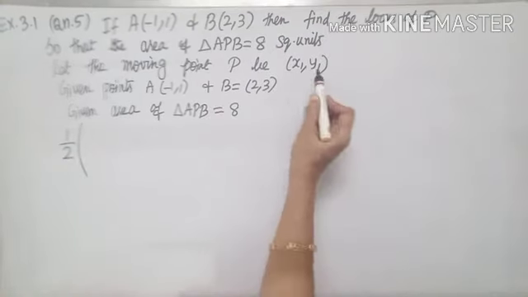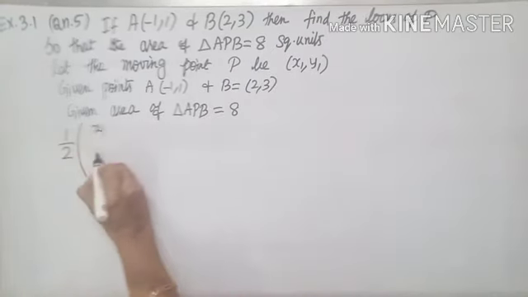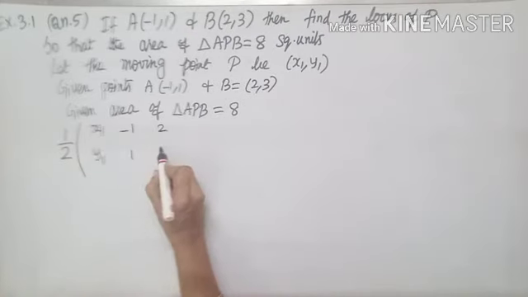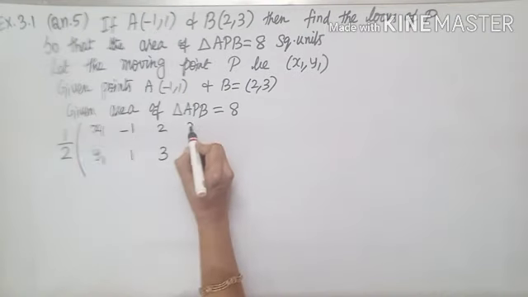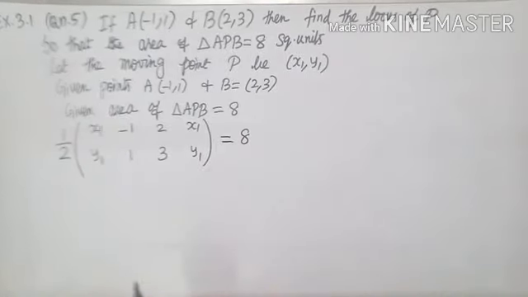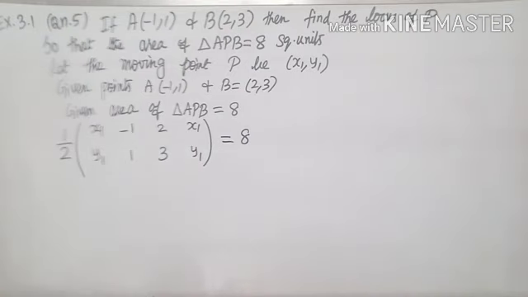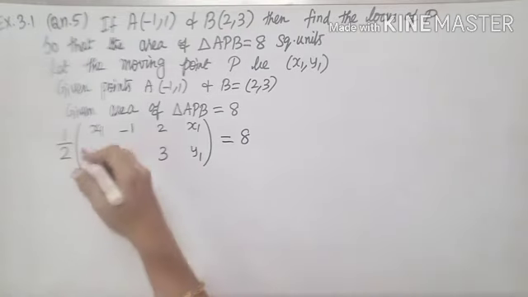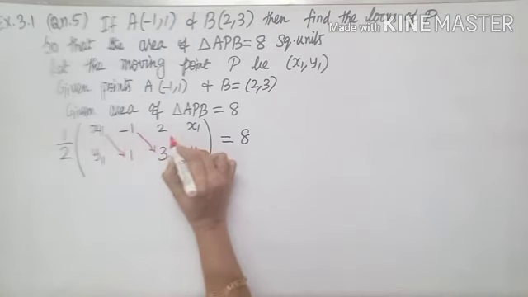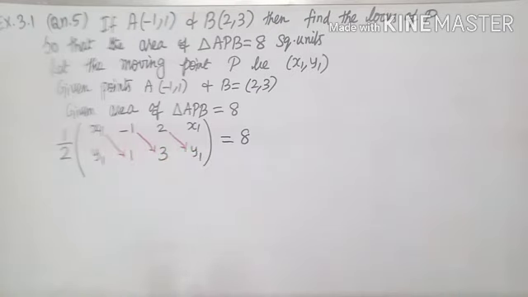The point (x1, y1), the point (minus 1, 1), (2, 3), again we write (x1, y1), equals 8. Remember the procedure, how we multiply diagonally. We start like this: x1 into 1, minus 1 into 3, 2 into y1.